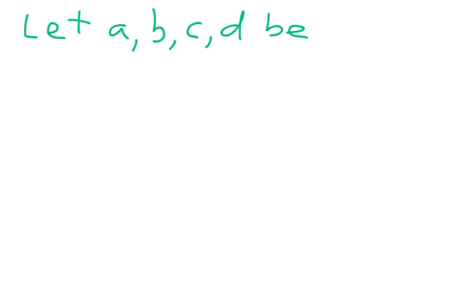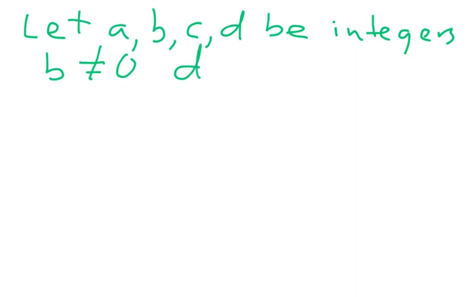These observations lead us to the standard conclusion of how to multiply two fractions, which we might state like this. Let A, B, C, and D be any integers, but let's say that B is not equal to 0 and D is not equal to 0.